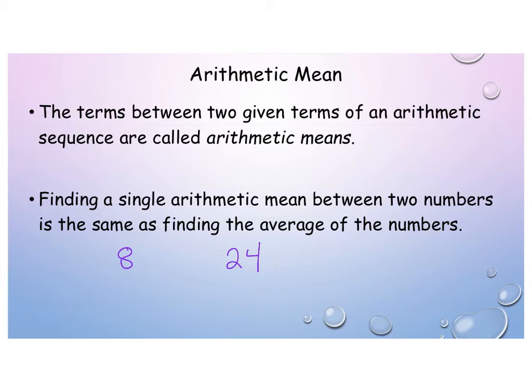Well, if I call this one a sub 1, my two arithmetic means have to come between them, so they become a sub 2 and a sub 3, and 24 is my a sub 4. Now I can find the formula for the arithmetic sequence here and give you what a sub 2 and a sub 3 are. Those would be the two arithmetic means between 8 and 24.